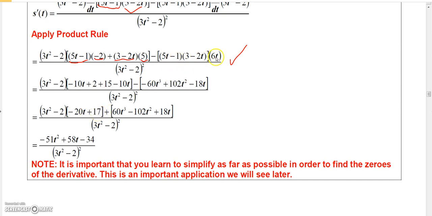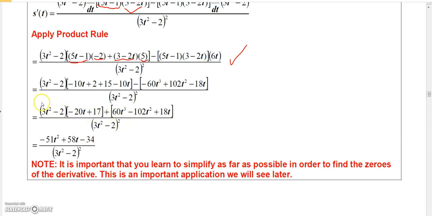And then if you distribute the 6t through here, you foil this, and then multiply everything by 6t, you'll get minus 60t cubed plus 102t squared minus 18t. But we still have a minus here, so distribute the minus through, and you get plus 60t cubed minus 102t squared plus 18t. And remember, it's all divided by 3t squared minus 2 quantity squared.